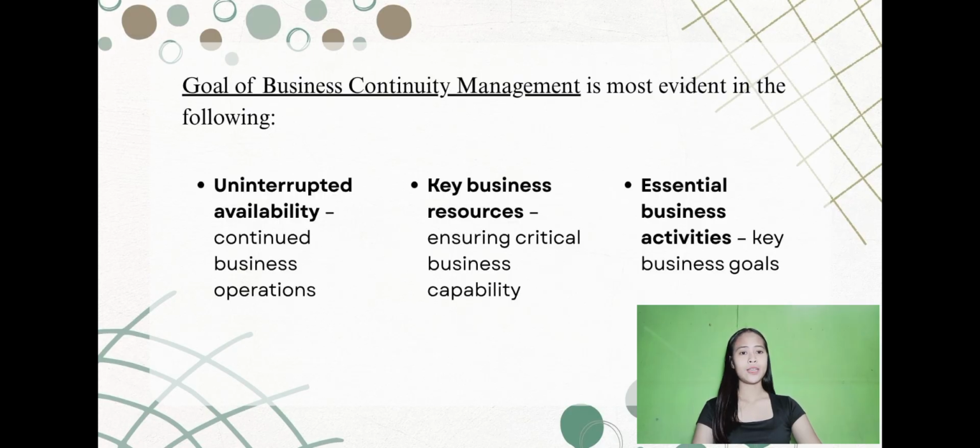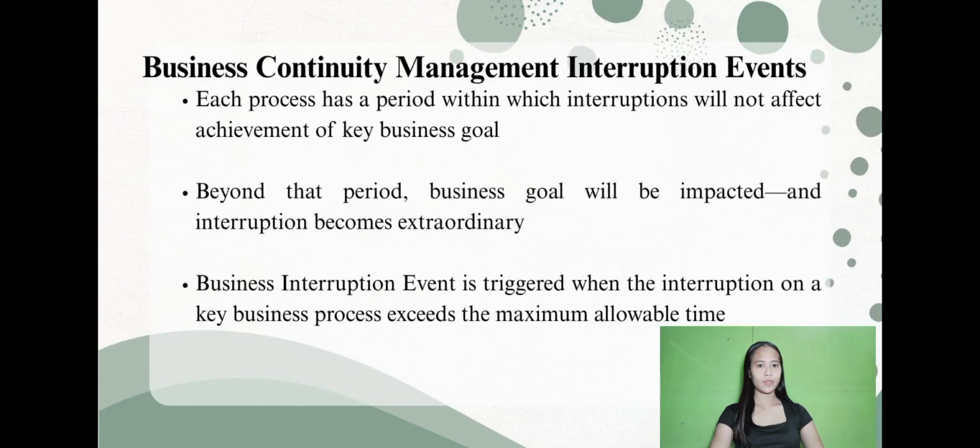Third is essential business activities. Key business goals. So, not all tasks in business are equally important. It identifies which activities are essential for survival and makes sure they are protected and can operate even during emergencies.